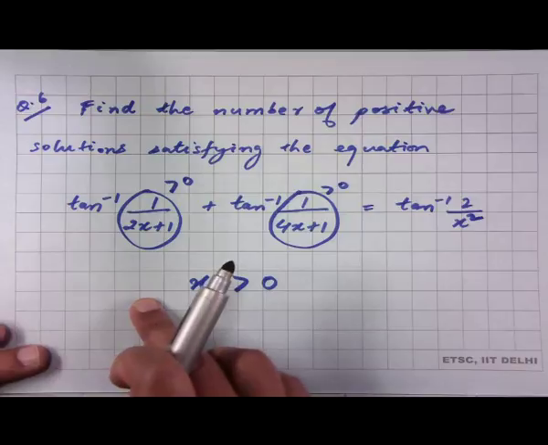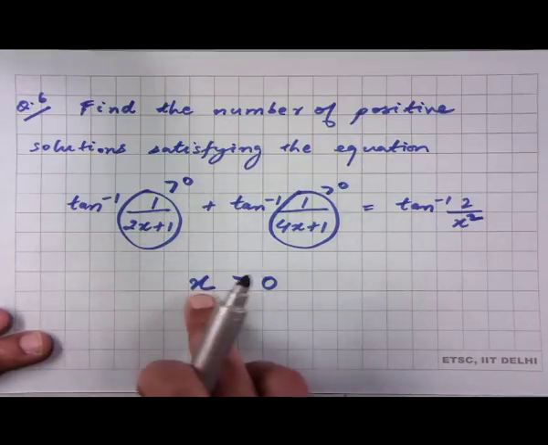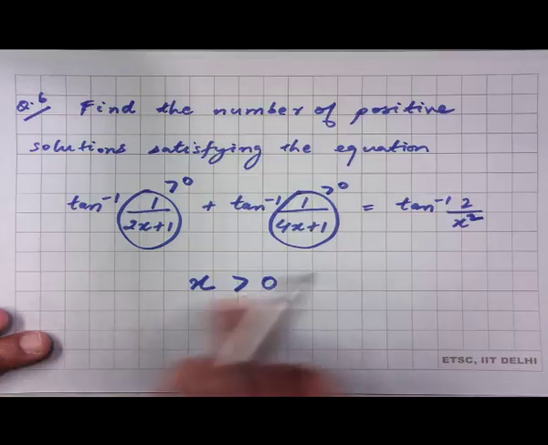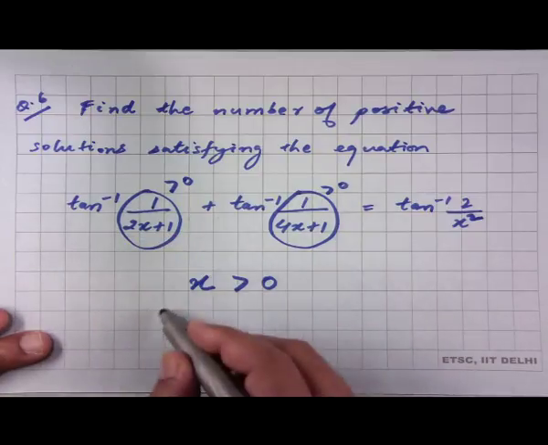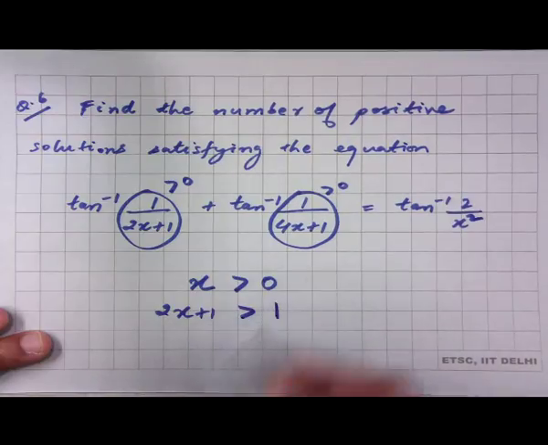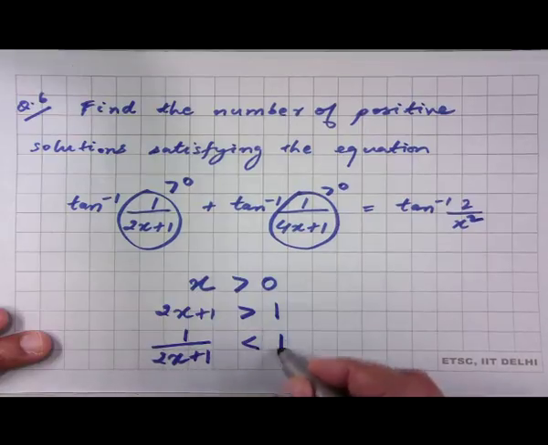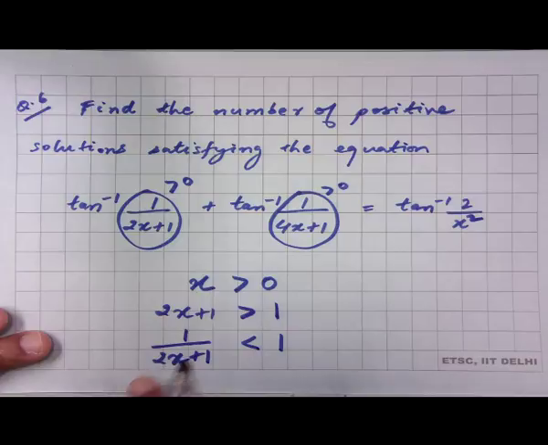But we also see that if x is greater than 0, then 2x plus 1 is of course greater than 1, and therefore 1 by 2x plus 1 has to be strictly less than 1 and of course positive.